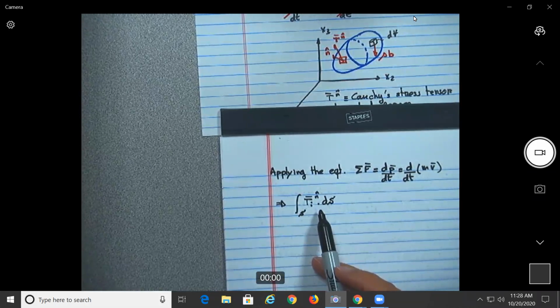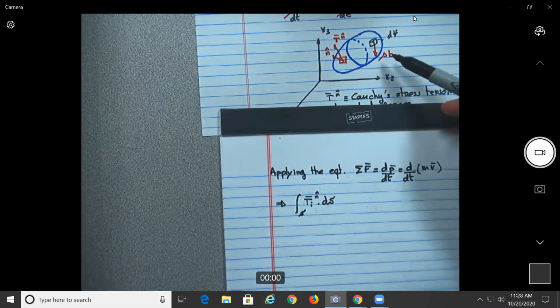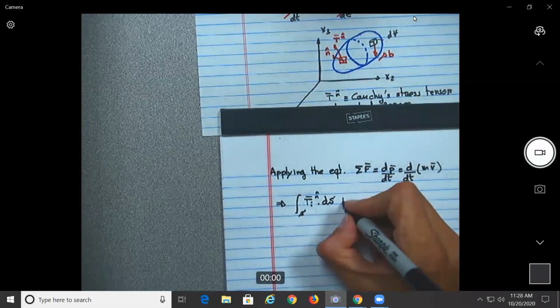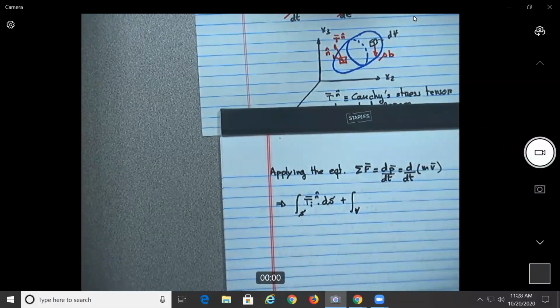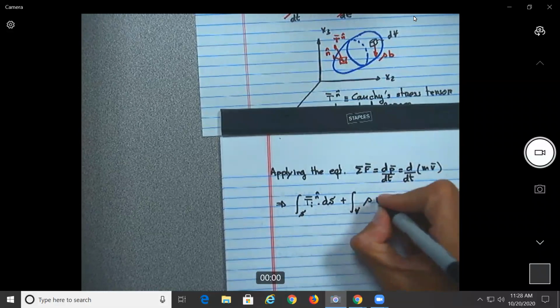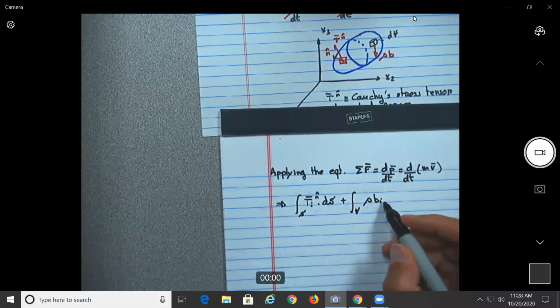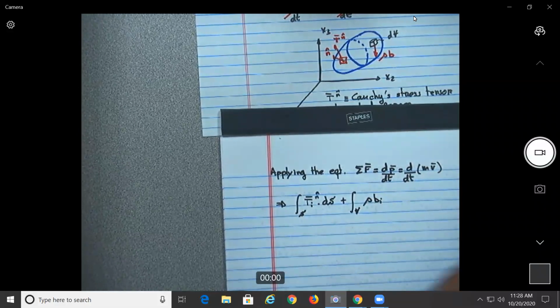Action of the external forces, but we write them down in function of stresses. Plus now you can have the effects of the body forces, the mass of the object, okay? And this one is based on the volume. So this one is surface, this one is volume. And this one is rho. I call it b sub i because you might have effects on the x, y, and z, no? g1, g2, g3 don't have to be just in one direction, dV.